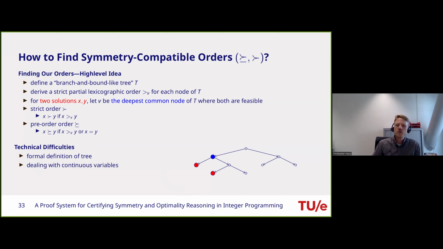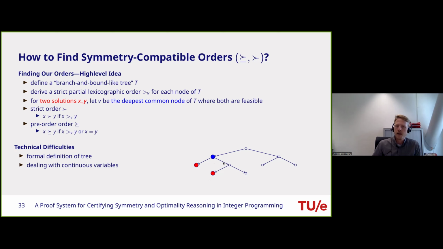And to turn this into an order on the entire solution space, we compare two solutions x and y by checking at which leaves of this branch and bound tree-like tree they are feasible, and then we compare the two solutions x and y at the deepest common node. So at the deepest node in the branch and bound tree where both of these solutions x and y were for the last time feasible.